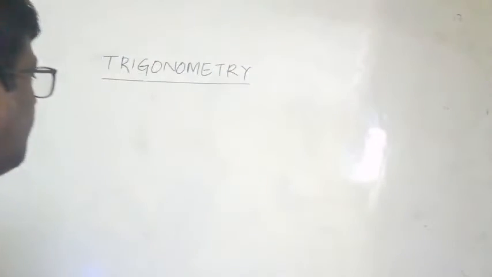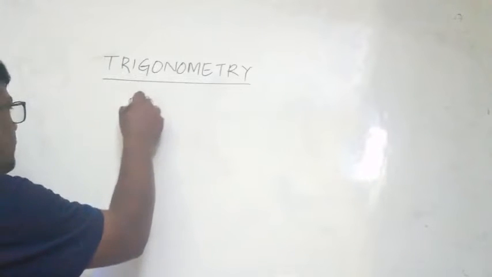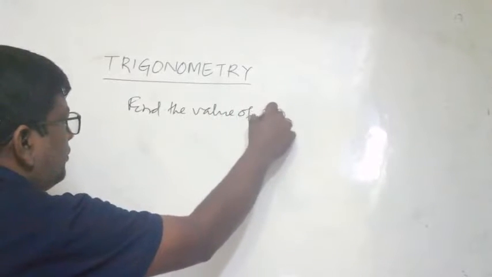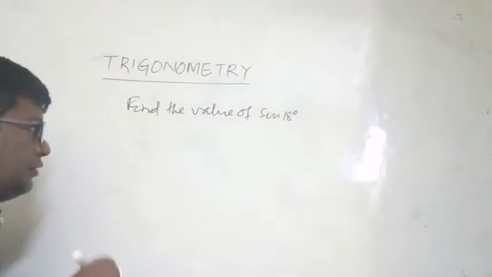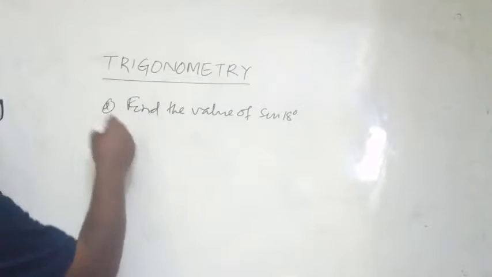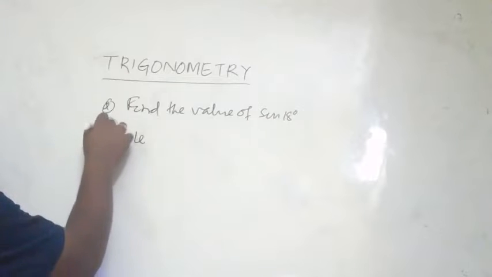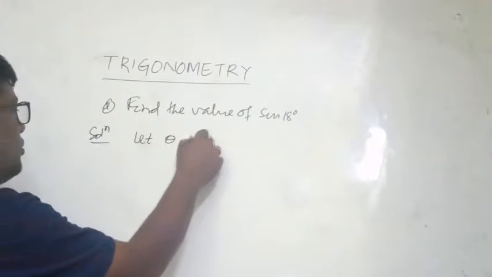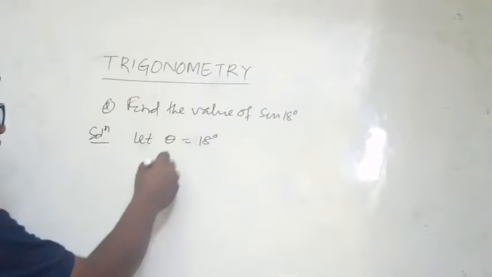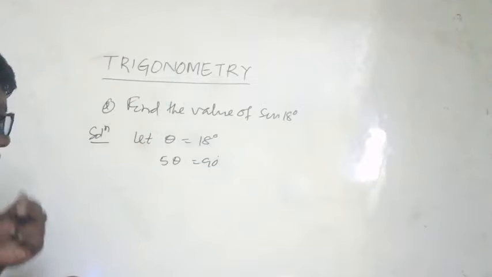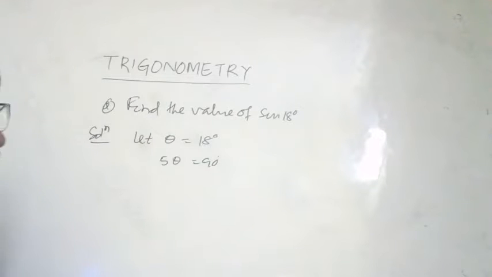Okay, so let's start today's concept. Find the value of sin 18 degree. Okay, so solution: let theta be equal to 18 degree, so 5 theta is equal to 90 degree, because 18 degree is an unknown value, so 90 degree is the known value.